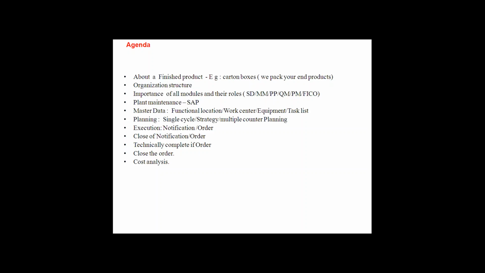Once you plan, we will get a notification or order. Then we will schedule the notification, release the maintenance order, then close the notification or order. After that, we set the status technically complete if it is an order. Then cost analysis will be done, then we do the closure of the maintenance order.